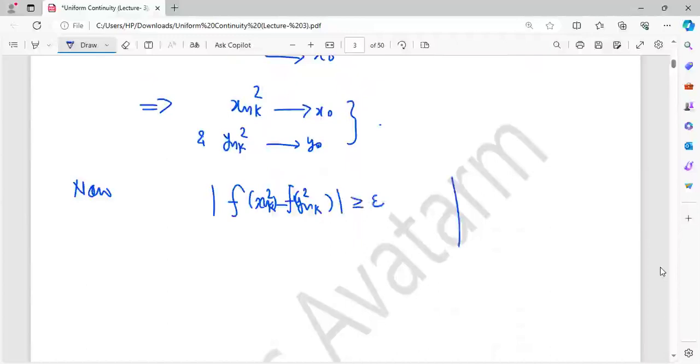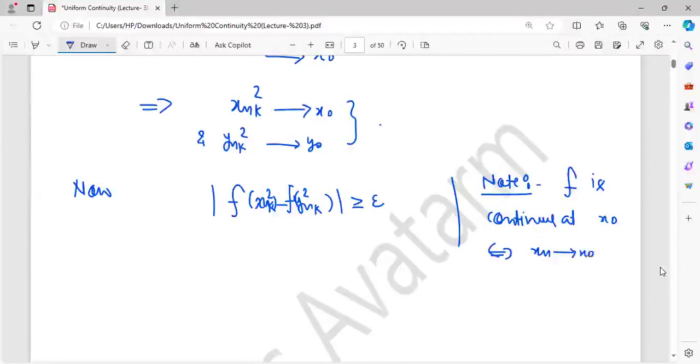We have one result: f is continuous at some point x naught if and only if whenever you have a sequence xn converging to x naught, then f(xn) converges to f(x naught). This is the criterion of continuity for a function.